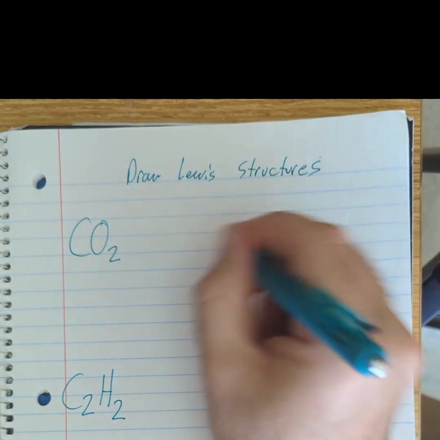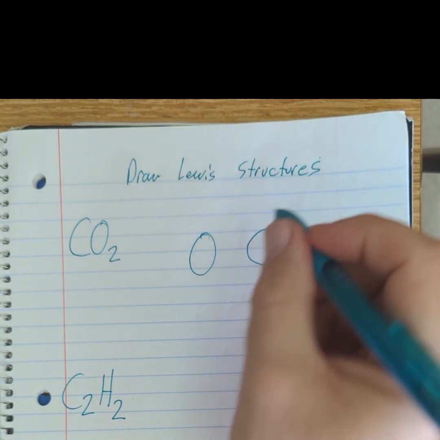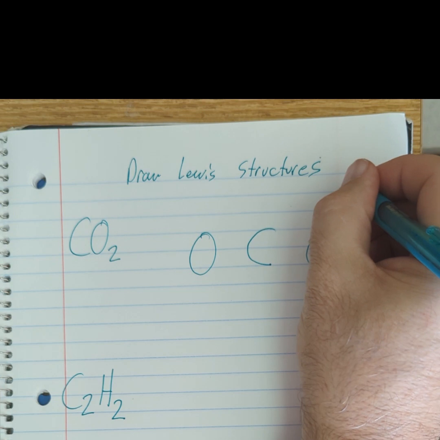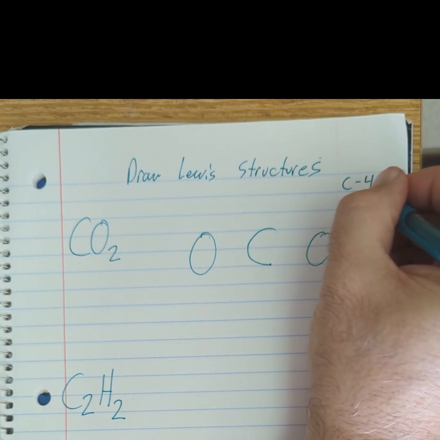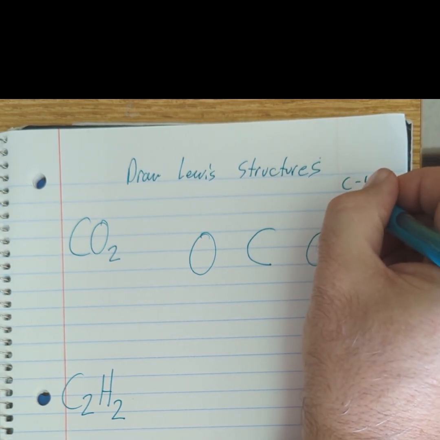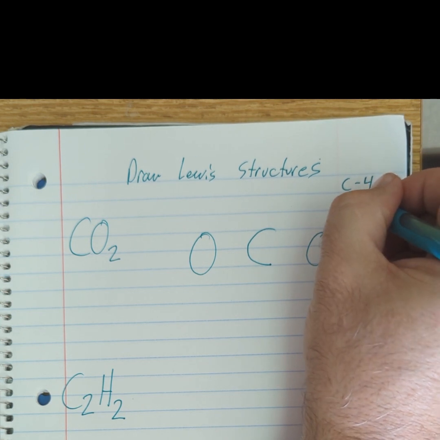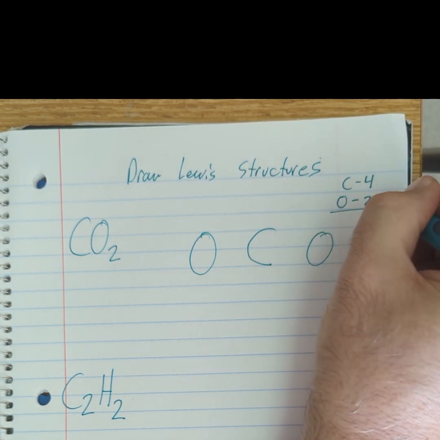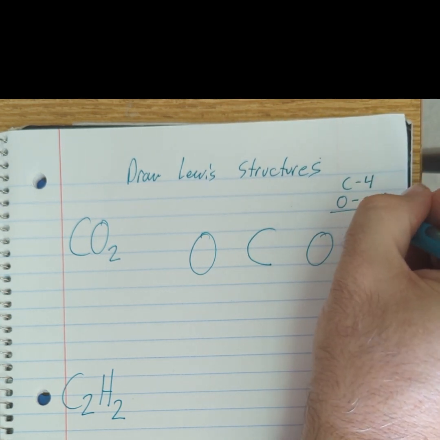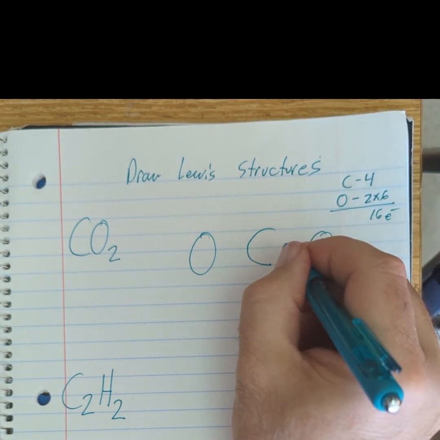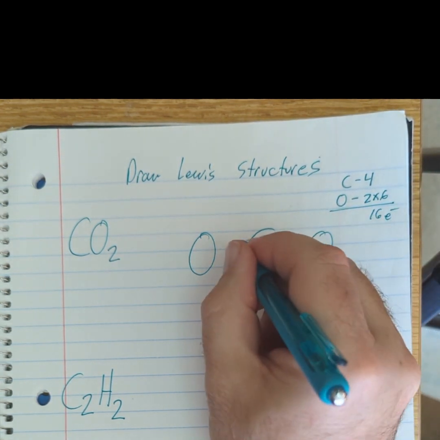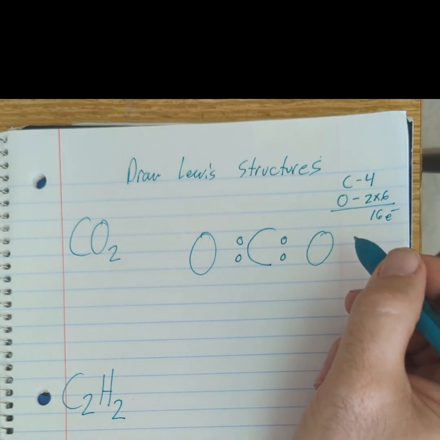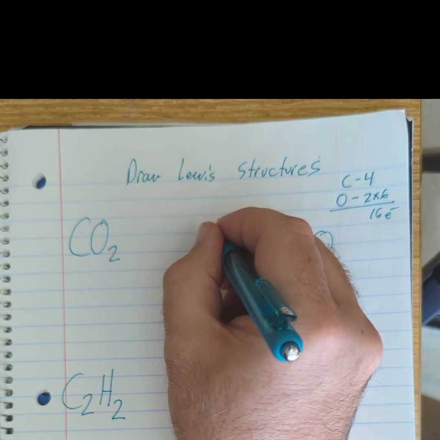All right? Now, with these, we're going to have at least one multiple covalent bond, like a double bond or a triple bond. So we're going to do the same thing. We're going to add up the number of valence electrons. We've got 4 from the carbon, and we have 12 from the oxygens. That's a total of 16.